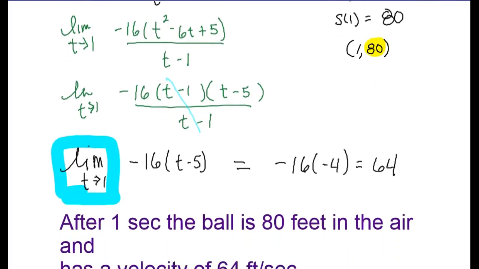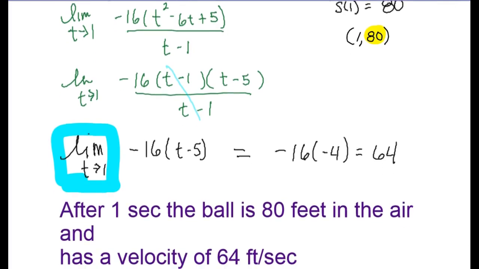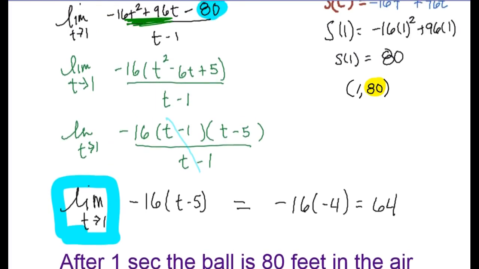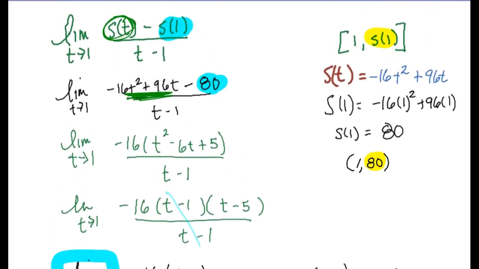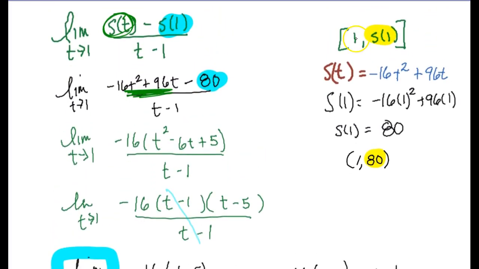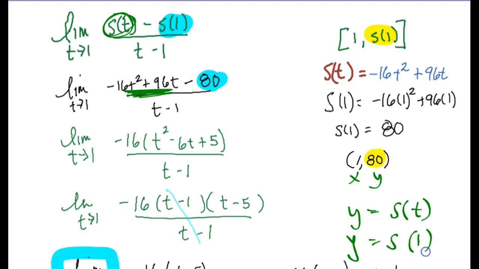So after 1 second, the ball is about 80 feet in the air and has a velocity of 60 feet per second. And the way that I got the 80 was evaluating the function at 1, or finding the y value, basically. Here's my x, here's my y, and remember, y is s at t, or in this case, I let time be 1 second.